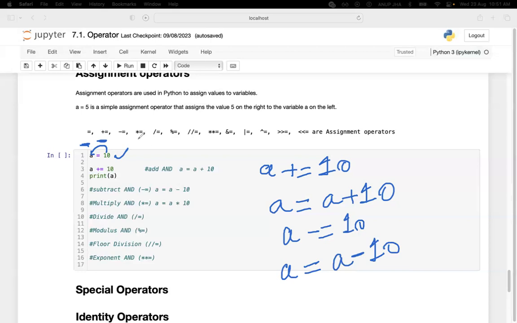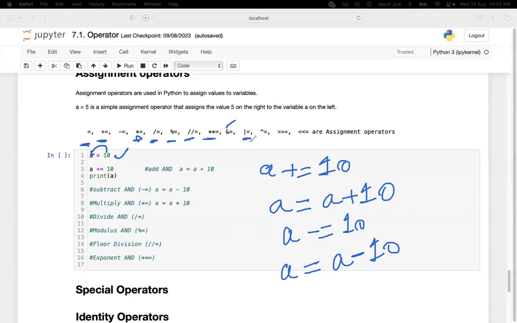In the same way, I am doing multiplication equal to, division equal to, modulo equal to, floor division equal to, exponent equal to, and equal to, or equal to.